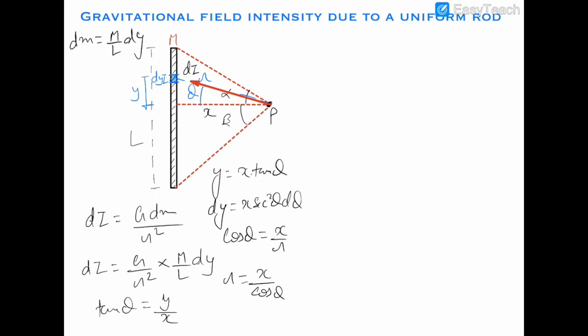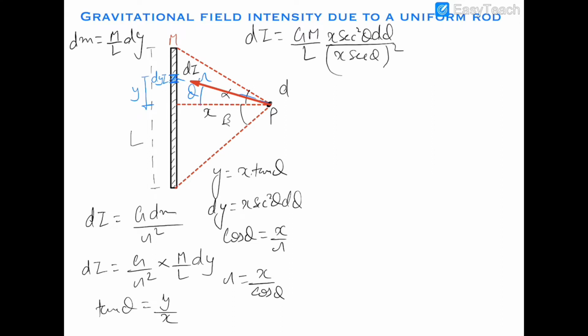So let us substitute these values of r and dy over here. So dI is equal to G m by L, and dy is x sec square theta d theta, and this distance r is x sec theta whole square.